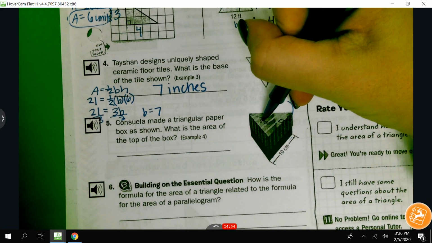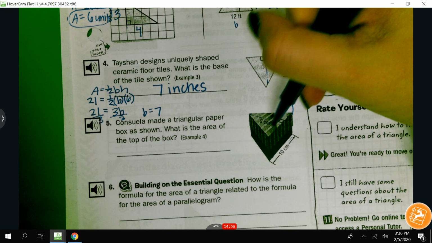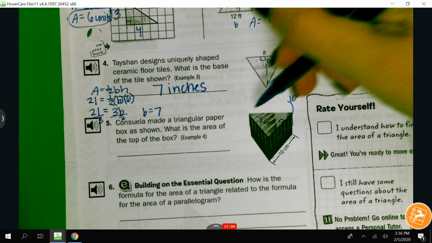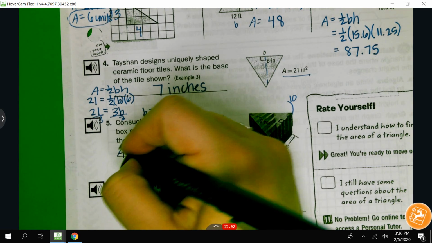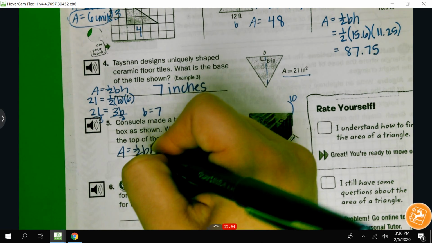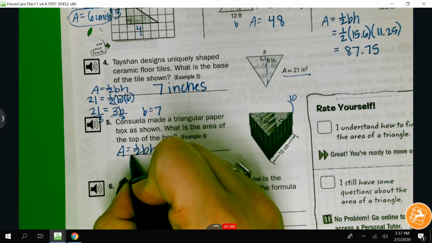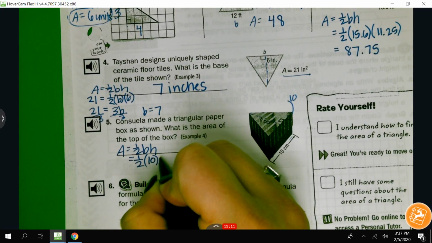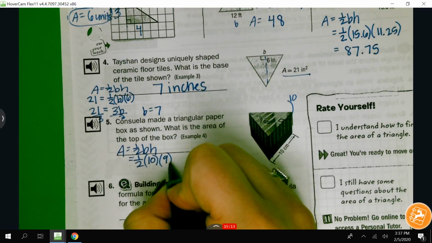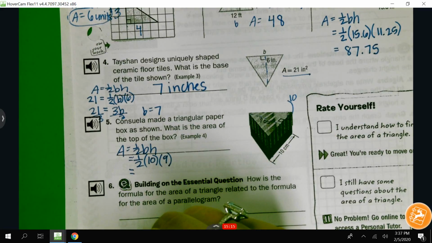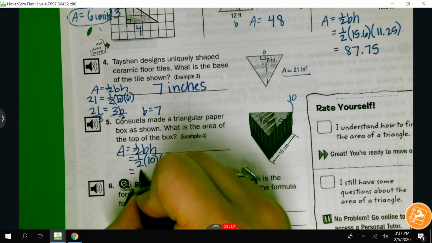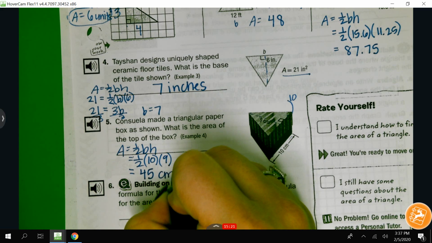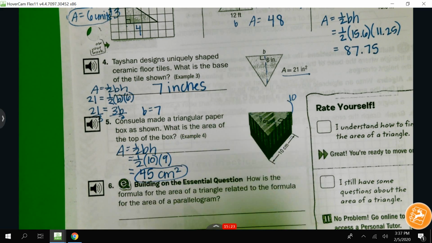You want to find the area of the top of the box, so this lighter shaded triangle. So A equals 1/2 base times height. Don't forget that formula. Base we said is 10. Height is 9. So when you multiply all three of those numbers together, you get 45. So the area is 45 centimeters squared.